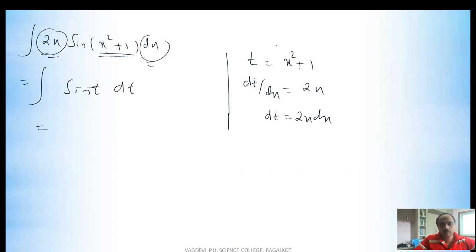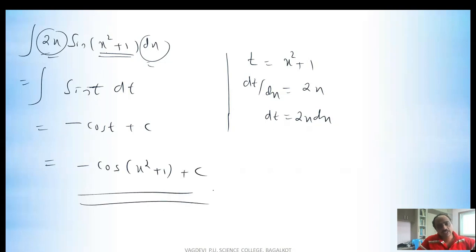Integration of sine t will be minus cos t plus c. Minus cos t means minus cos of x square plus 1, plus c. x square plus 1 is the main function. Its derivative is 2x. So take the function x square plus 1 as t.